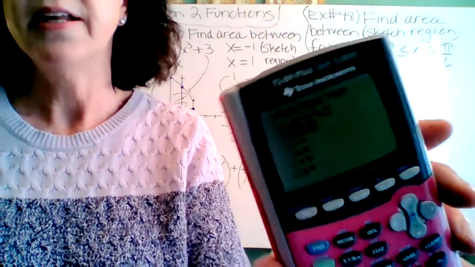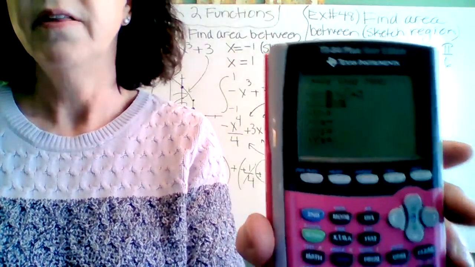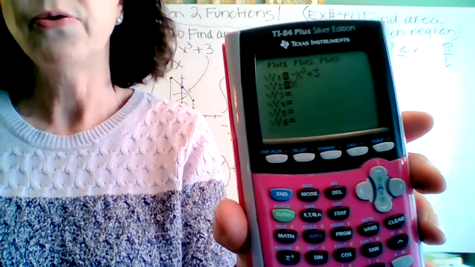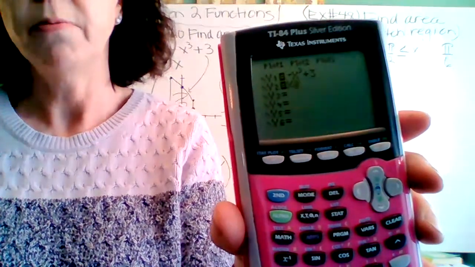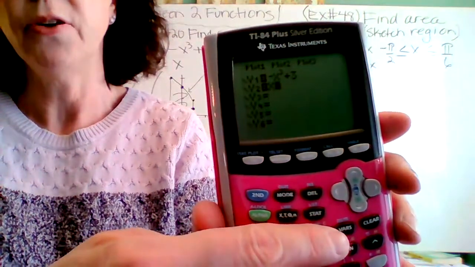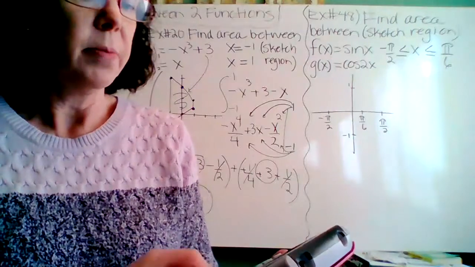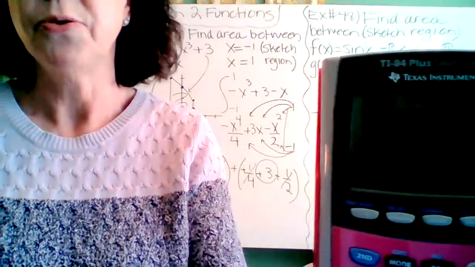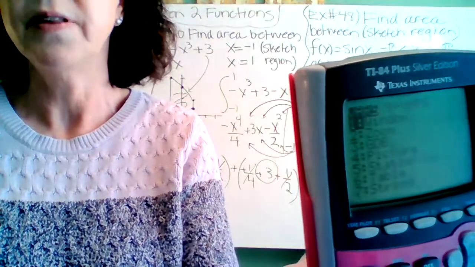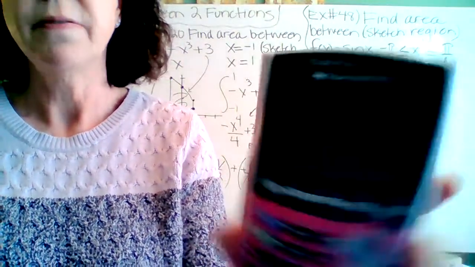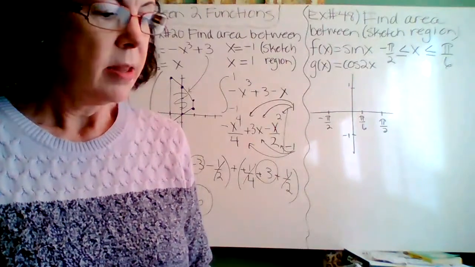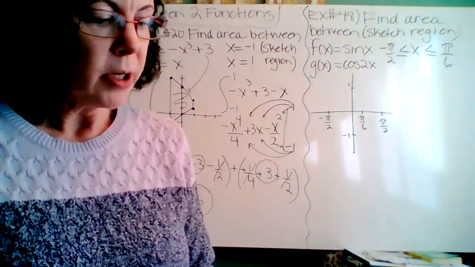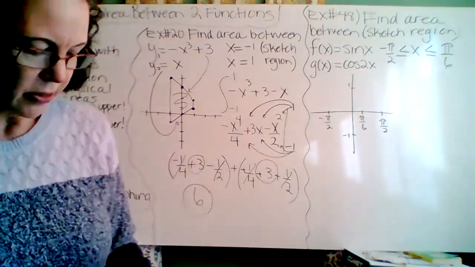Okay. Now the next thing I'm going to do is, on a Y3, use my variables button, which is by the cursor keys. I'm just not doing well today with this. Oh, there we go. Y variables, function. And I am going to put Y1 into my Y3.